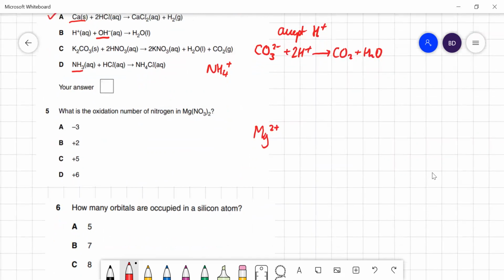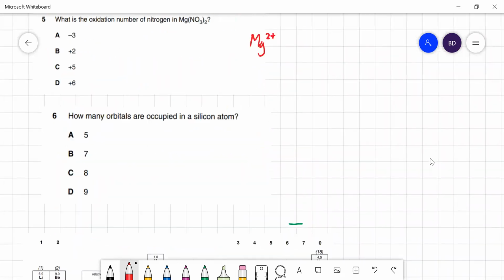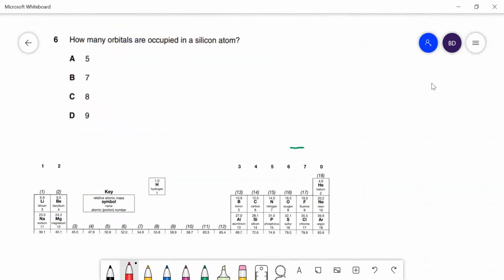How many orbitals are occupied in a silicon atom? Okay, right, so let's have a look. We have got 1s is occupied, 2s is full up, 2p, that's all full up as well, 2p6.